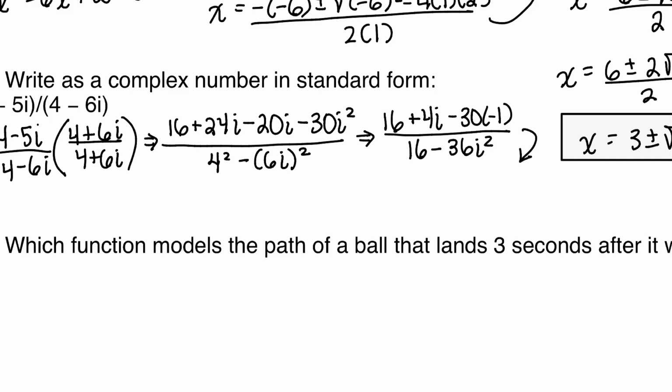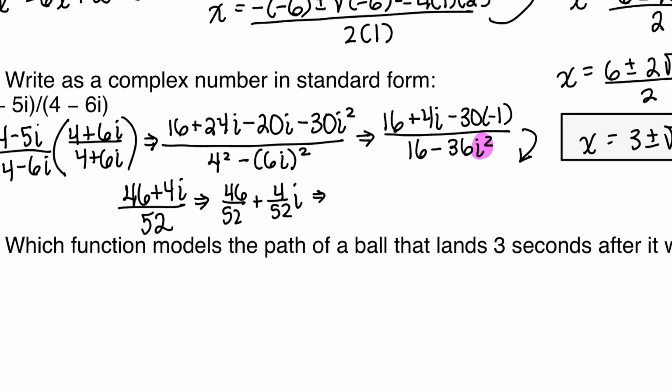So now we're going to get 16, okay, plus 30, that's going to be 46, plus 4i. And then in the denominator, remember that this is going to be negative 1, so we're also going to have 16 plus 36, and that's going to be 52. Now we can simplify this a little bit. So we have 46 over 52 plus 4 over 52i.